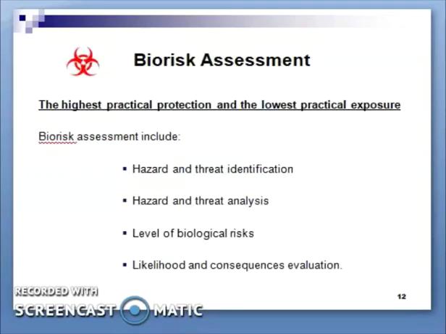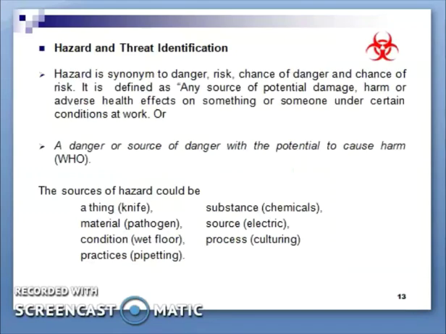Why do we assess the biorisk? The aim is to achieve the highest practical protection and the lowest practical exposure. The biorisk assessment includes hazard and threat identification, hazard and threat analysis, level of biological risks, likelihood and consequences evaluation.